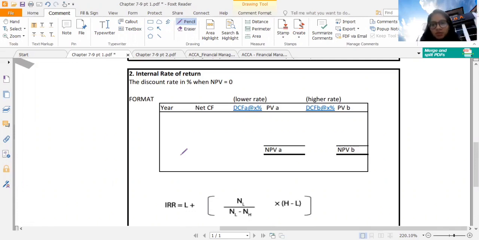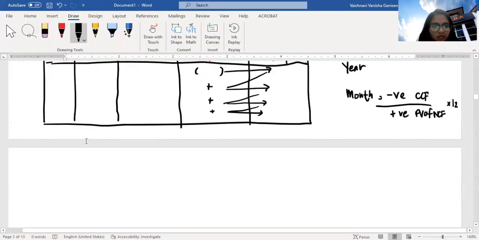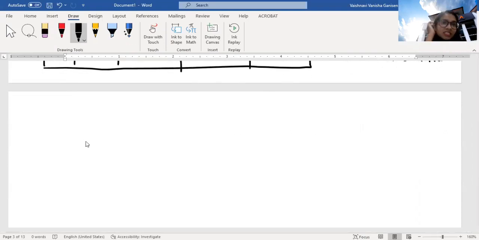How do I calculate net present value? So net present value is actually the net amount of the cash inflows minus cash outflows.